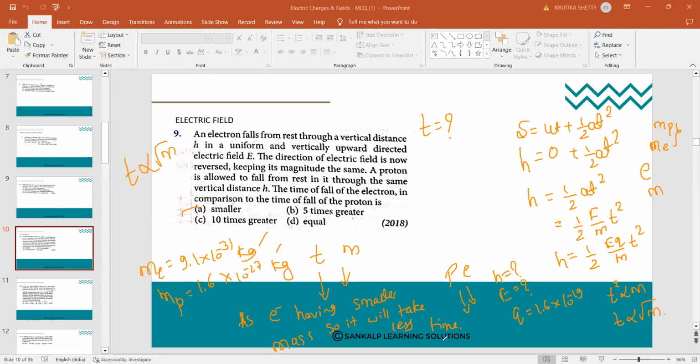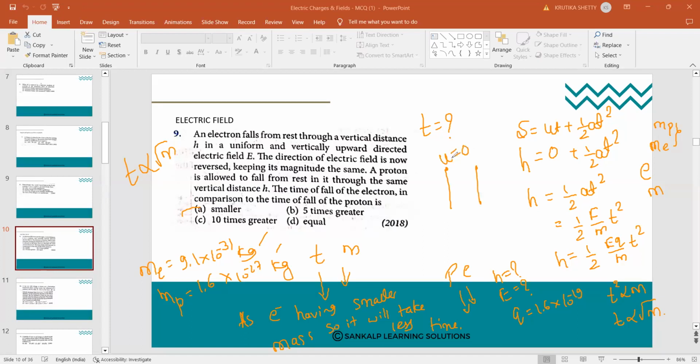Yes, one more question we will see. Okay. Yes. So I'll go for the next question now. Yes, Shweta, here what they are saying is, proton and electron are falling from the same height.